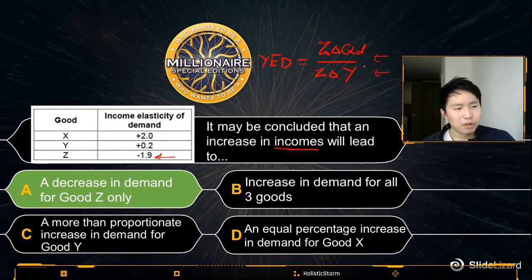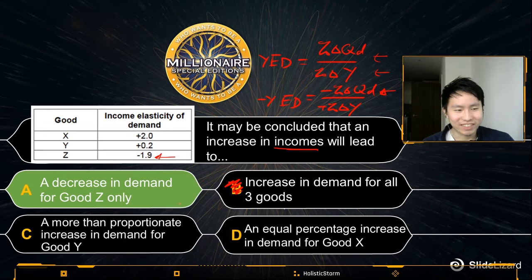So most likely if incomes increase, so there's a positive percentage change in income, then the upper number must be negative in order for YED to be negative, right? So in this case, there would be a decrease in the demand for good Z when incomes increase. So that's why it can't be B.